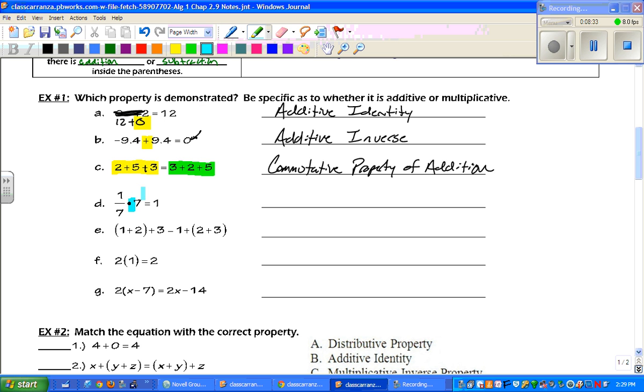All right, for D, right in the middle, I see that they're multiplying. And our answer is 1. So multiplicative inverse.